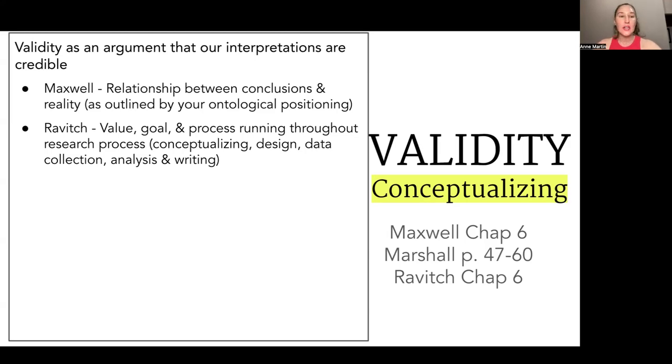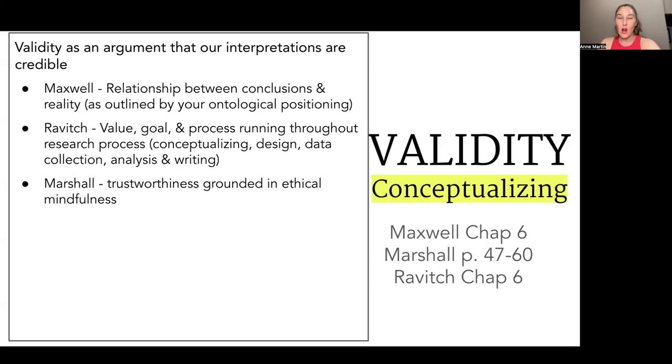When Ravitch talks about it, she talks about the value, the goal, and the process of validity running throughout the whole process. So thinking about the validity all the way from the beginning in the conceptualizing, the data collection, analysis, and writing phase, and how each of those phases are iterative and reflect the values and goals of the researcher, going back to the slide that I just showed about what some of the goals of your research might be.